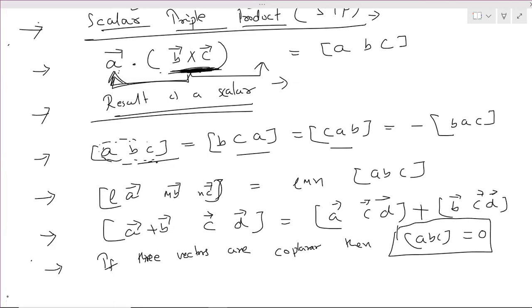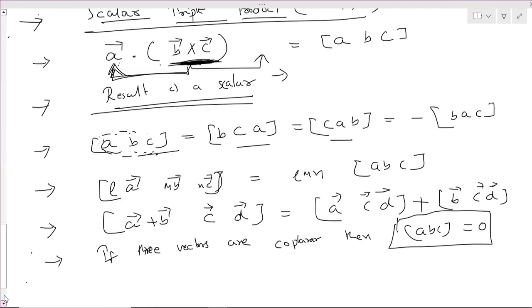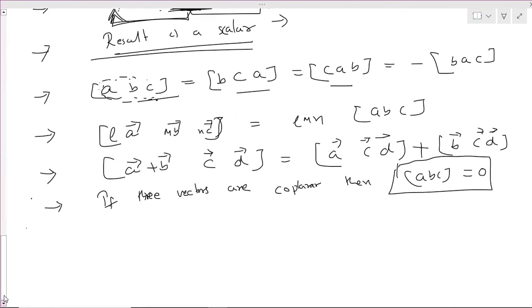Take a screenshot. Why, if three vectors are coplanar, is the box product 0?